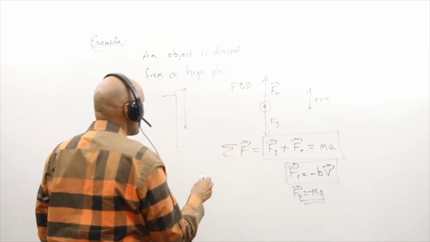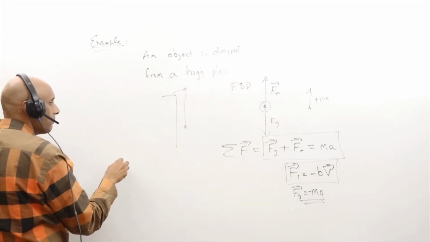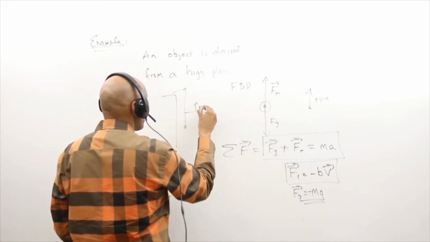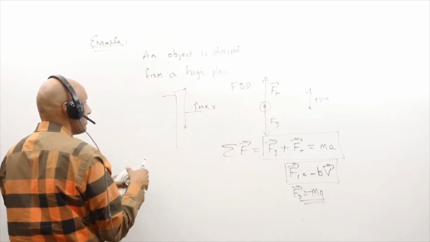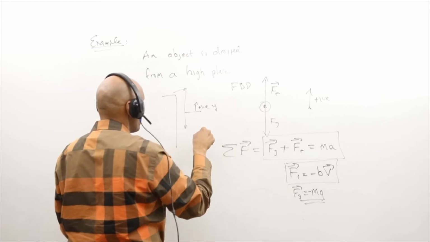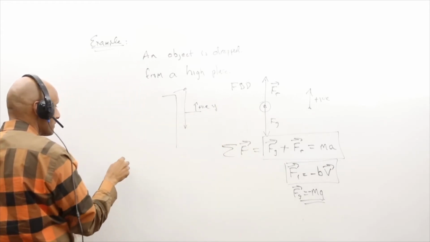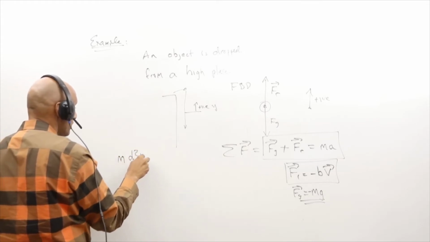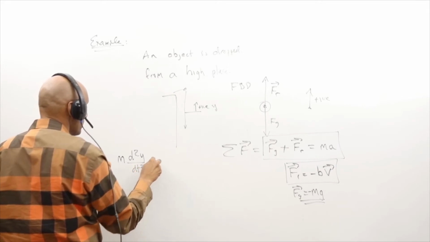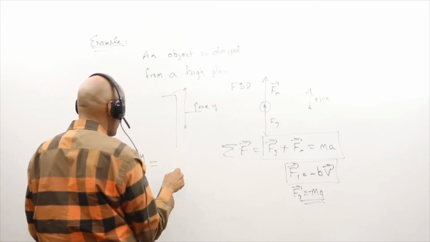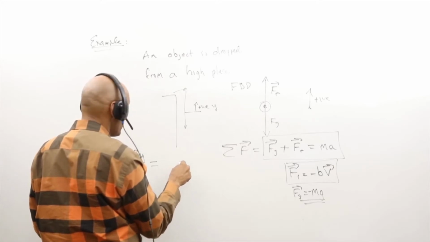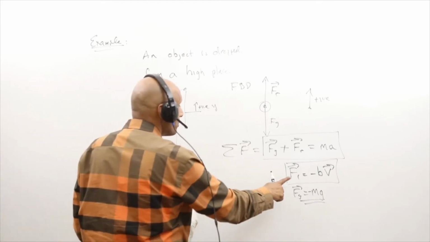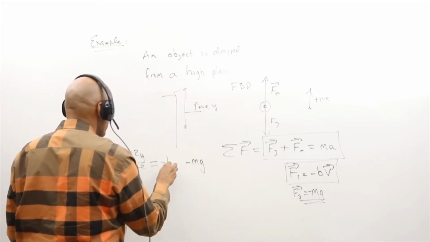And so we get an equation that looks like mass times acceleration, so if I assume up is positive, actually maybe use y, because I don't want you to get confused with direction. So I can write this equation as sum of all forces acting on mass times acceleration, which is d squared y over dt squared, is equal to the force of gravity acting down. So this force of gravity is basically minus mg, but the force of air resistance is minus bv.